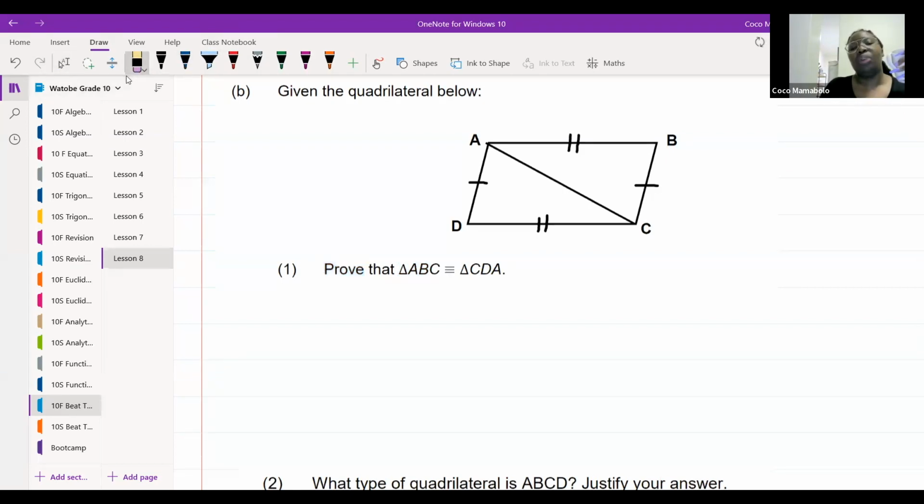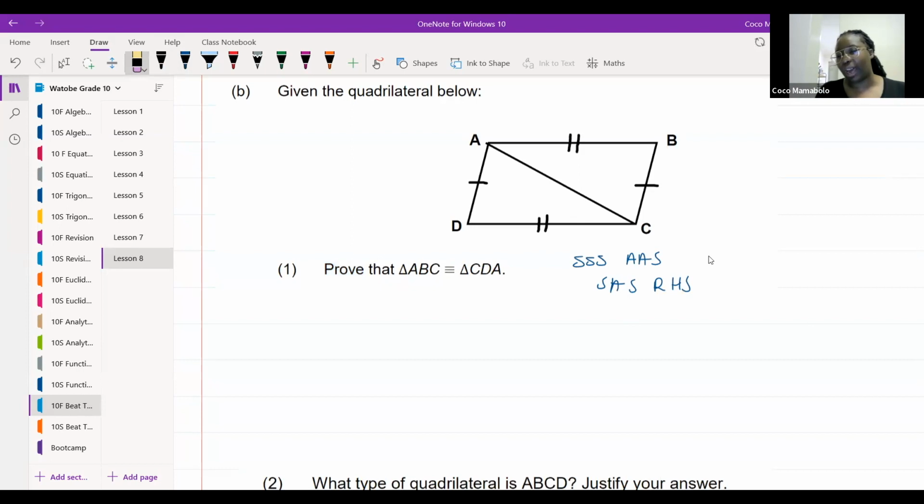Now remember, we can only use certain rules for congruency. So in your mind, you need to start thinking, yeah, side, side, side. Then we need to think of angle, angle, side, or side, angle, side, or right angle, hypotenuse, side. Or we can do side, angle, angle, but literally these are the only ways that we can possibly prove congruency.